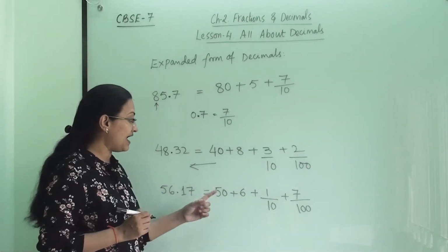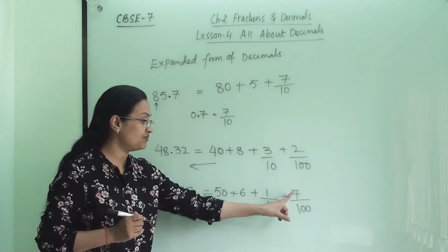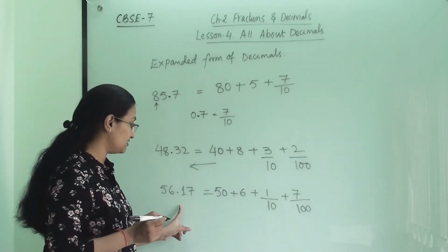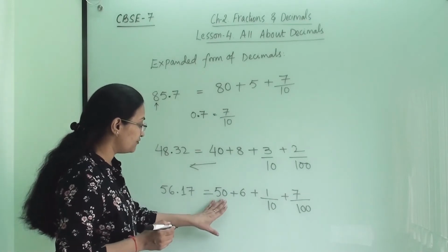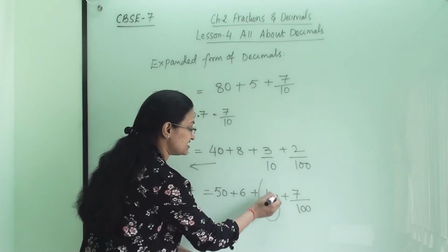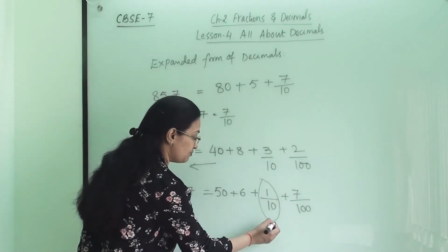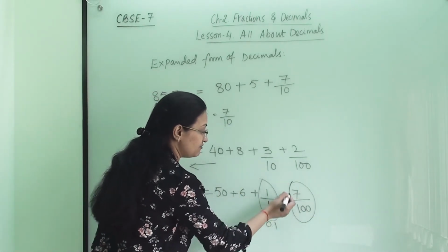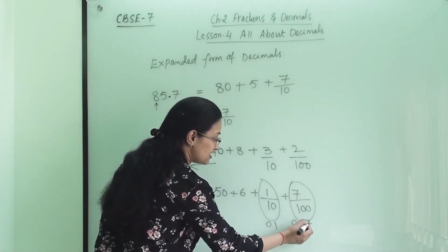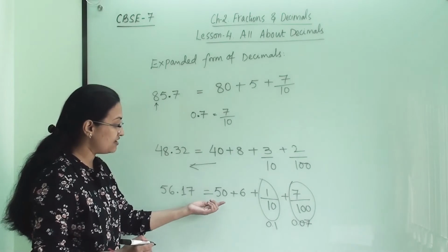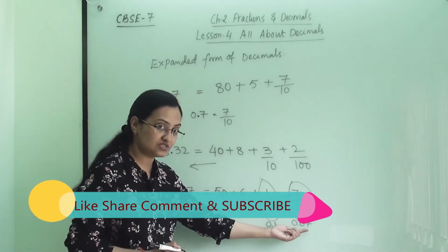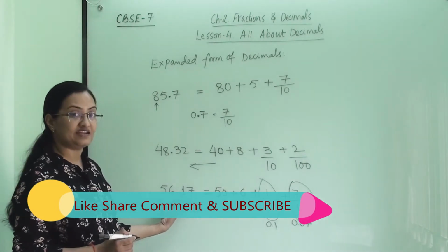Now when we add all these numbers, we should get this number. So let us check that. How to add them? 50 plus 6 is 56, we know. Now what will be the decimal form of 1/10? It is going to be 0.1. What will be the decimal form of 7/100? It is going to be 0.07. So when we add 56 plus 0.1 plus 0.07, we will get this number.